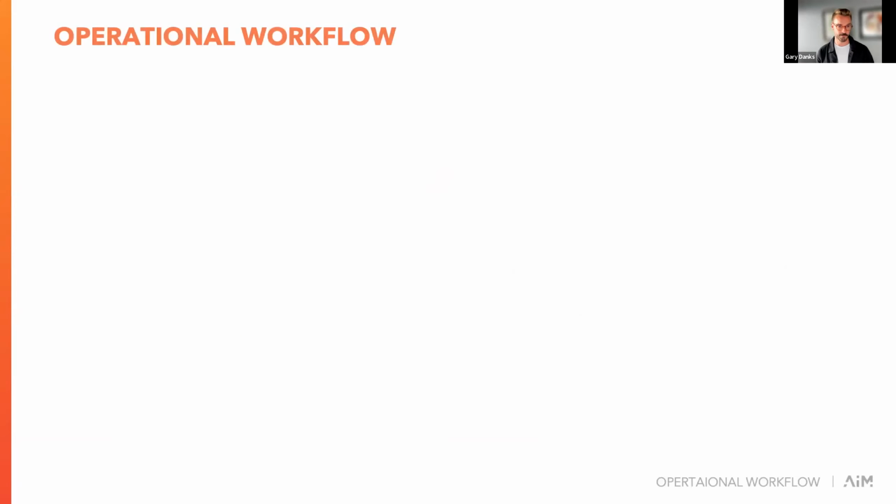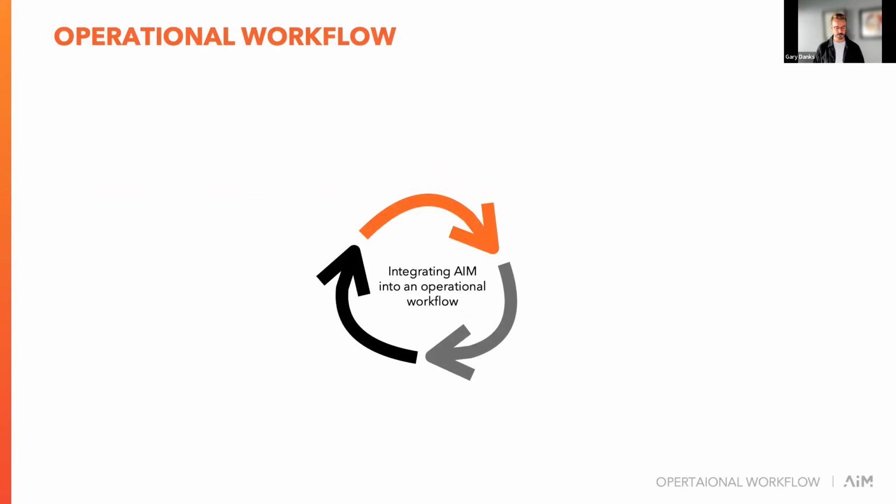Actually, the very last slide goes into this, because to effectively use MMM, it needs to feel like it's part of your operational workflow. Where we've seen clients successfully integrate it into their workflow, it looks something like this. Hopefully this will be familiar to the audience as well.